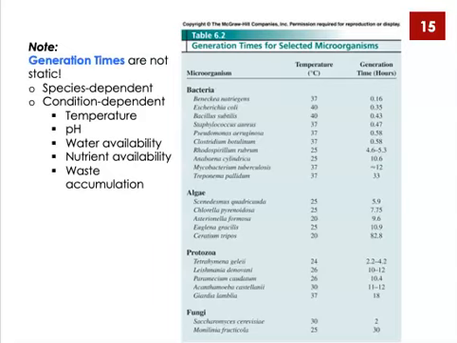Now, something else that you need to know is this. Not only are generation times species dependent, but they're also condition dependent. This is particularly important to us if we're trying to grow them in the lab. Now, what do I mean by condition dependent? Well, for one thing, the temperature will impact the generation time.